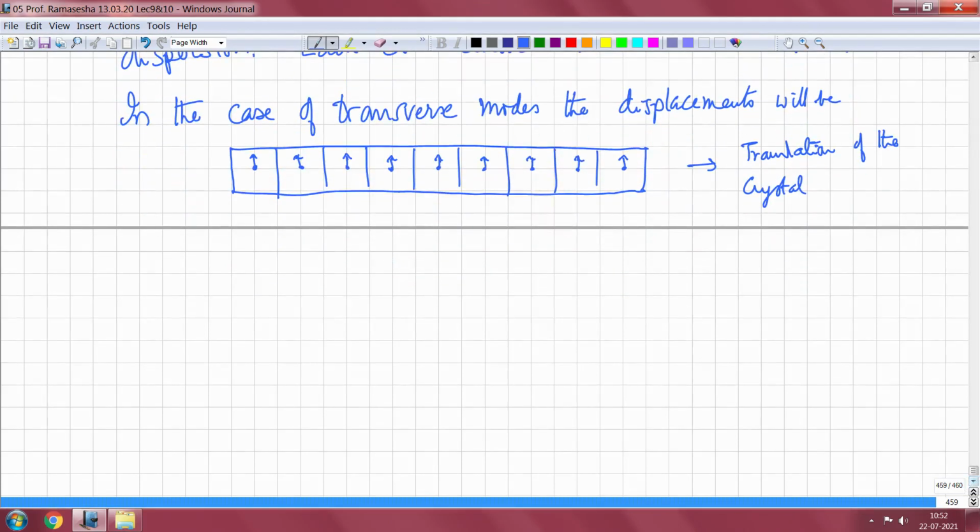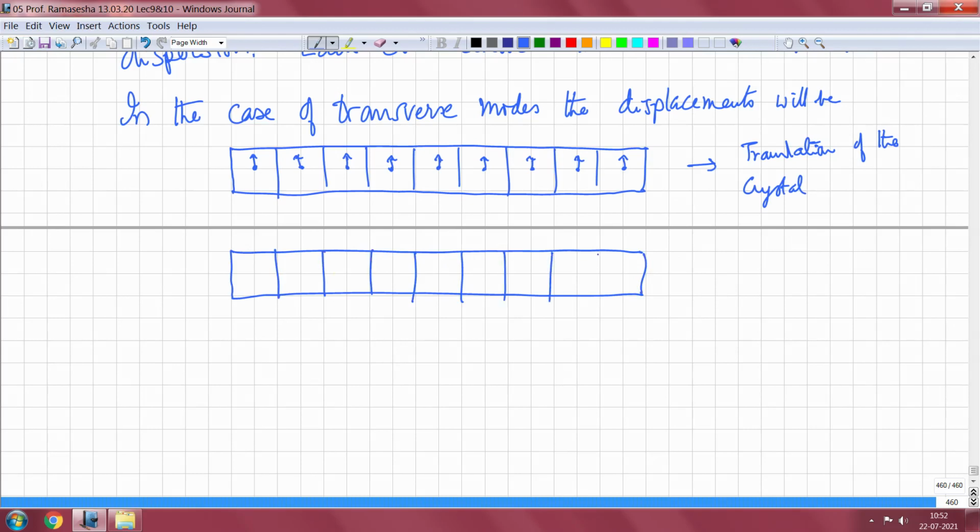But supposing I have a motion which is different, okay, so let me take the motion in the following way. This one moves up, this one moves down, this one moves up, this one moves down, moves up, moves down, moves up, moves down and moves up.